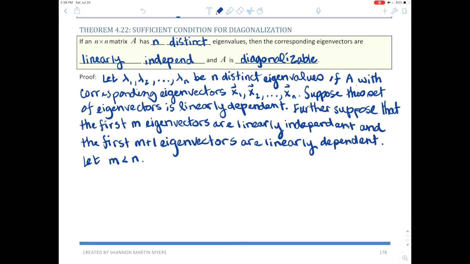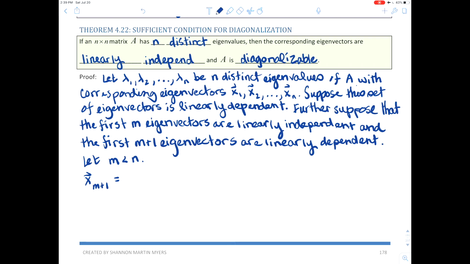Cool so far? So what we're going to do is try to set up a contradiction, as you can see. So if all these further supposed things were true, then couldn't we write x sub m plus 1, the m plus first eigenvector, as a linear combination of the linearly independent eigenvectors, right? So let's do it.